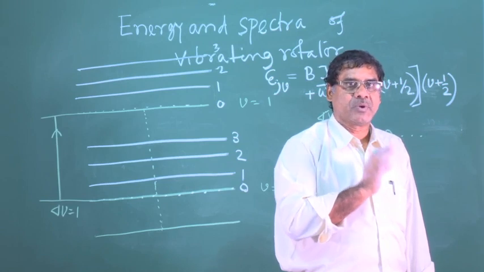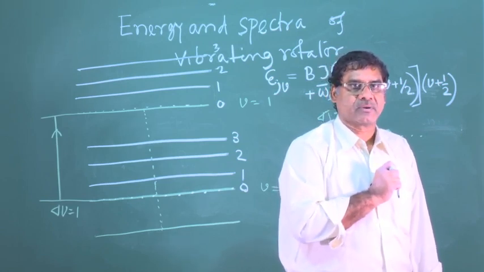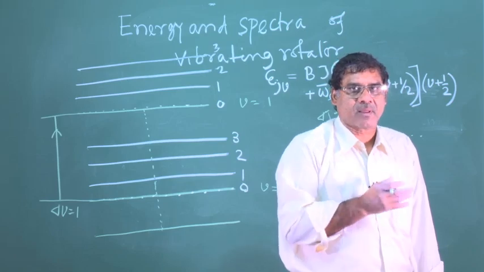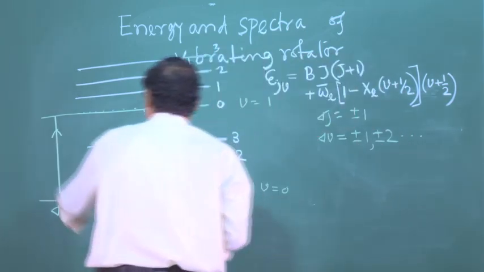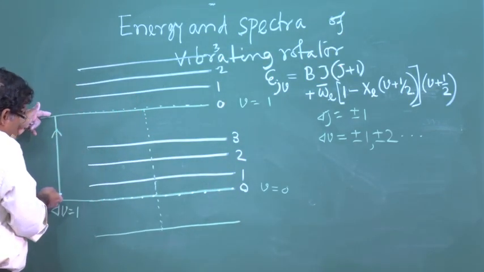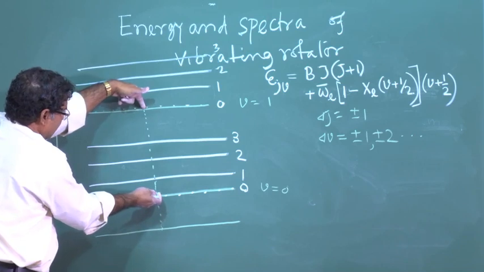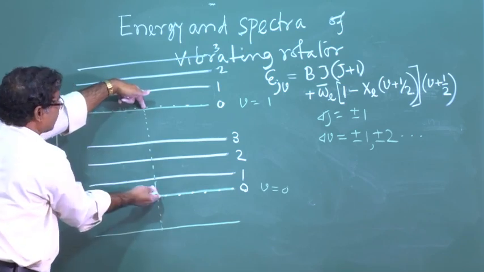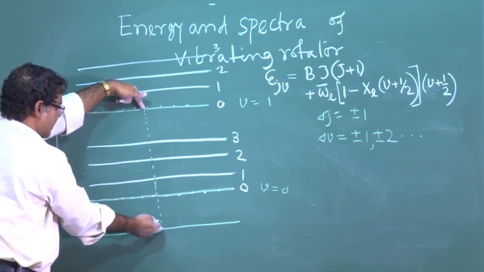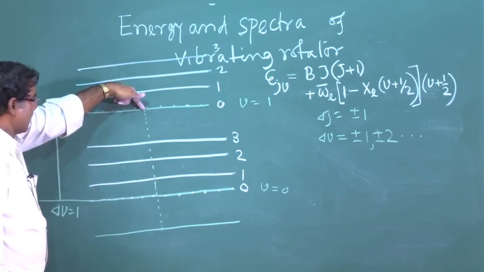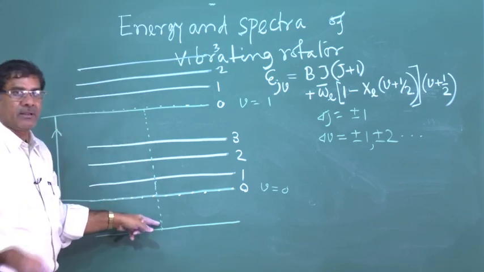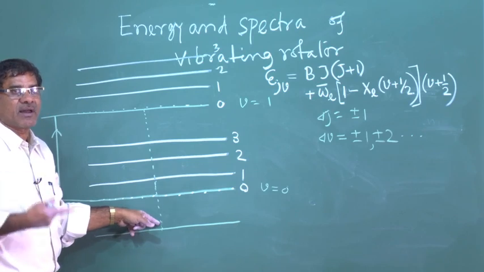So, if it is pure vibration of the molecule, that is why we tell. Whereas here, in case of a vibrating rotator, this transition is not allowed. So, that spectral line will be missing. We will get it only when it is purely vibrational.